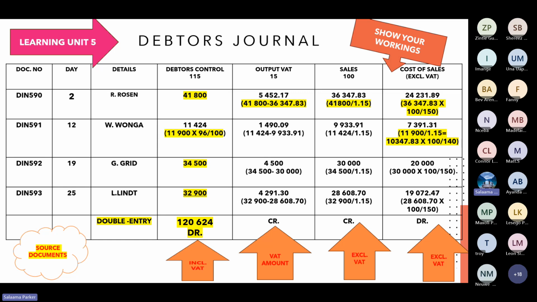Okay, because when the stock leaves the business, it leaves it at the cost price. Any questions with regard to your debtors journal? Again, please note, you must show your workings, show your workings, show your workings at all times.